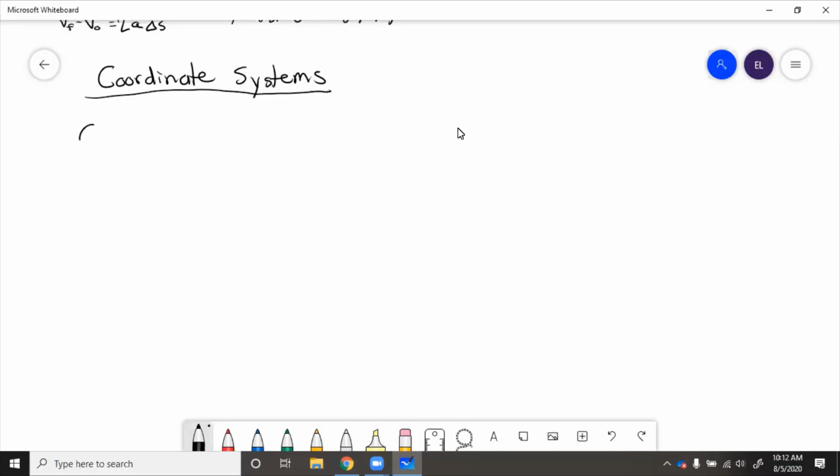We have Cartesian, and Cartesian is the normal xy. This is inertial, so this frame does not move. Then we had polar or cylindrical.